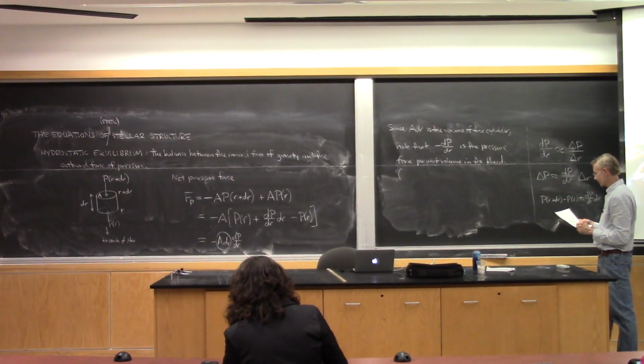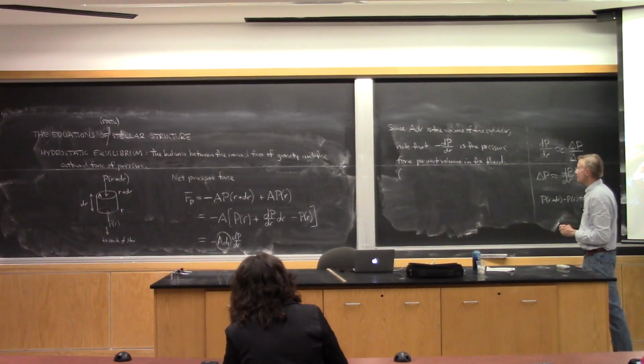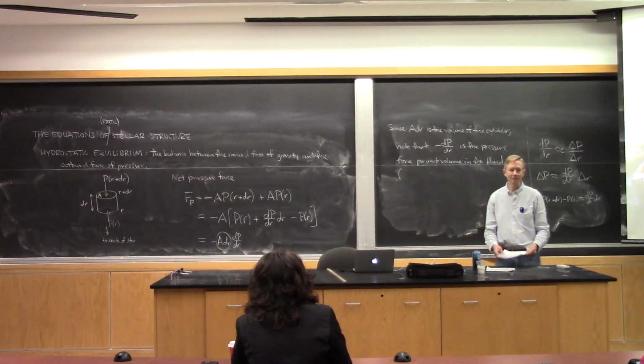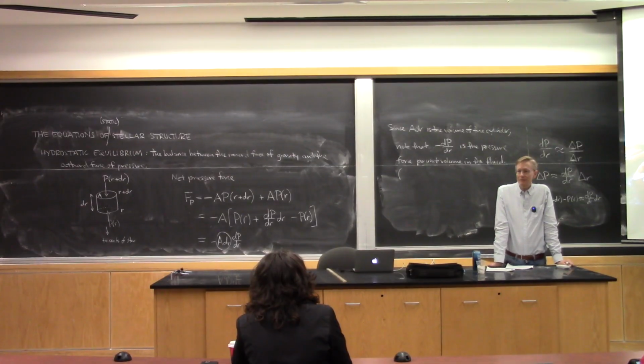What was I going to say next here? Oh, so if it's minus dP/dr in our one-dimensional case, what would it be in the general case in 3 dimensions? How do you generalize dP/dr or dP/dx to 3 dimensions as a vector? Because in general, force is a vector, right? So what would we do?